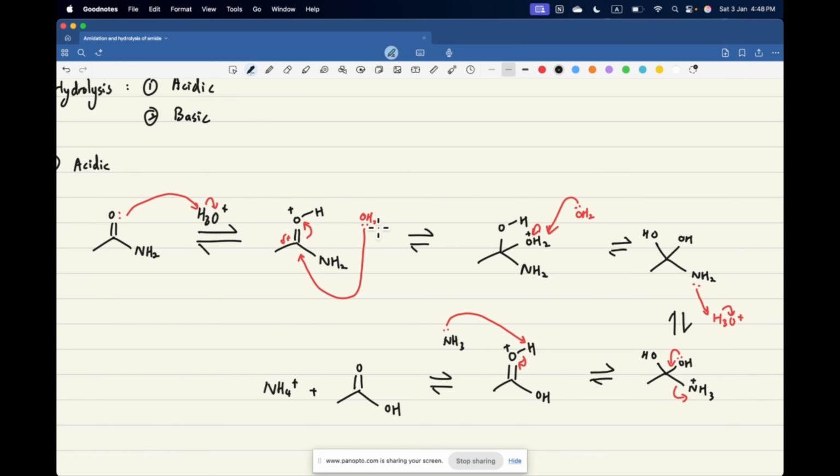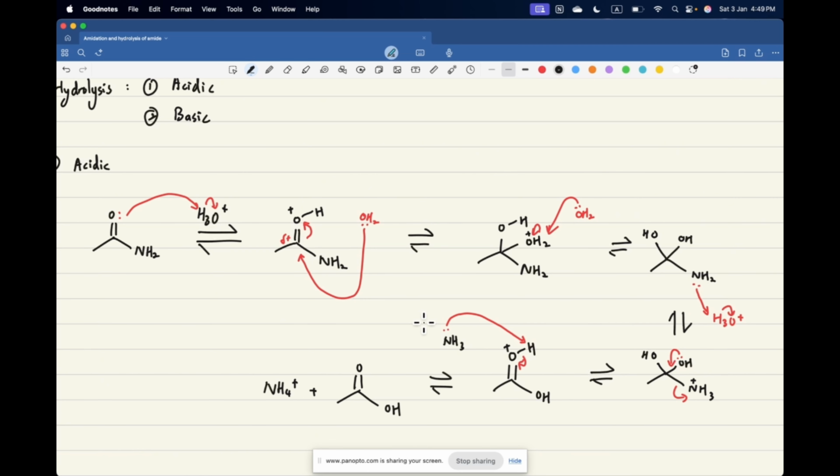Eventually these are the same because it's just the proton grabbed by the oxygen, and then this water molecule adds in, and then another water molecule comes to deprotonate the positive oxygen, forming the H3O plus hydroxonium ion, and this hydroxonium ion is going to protonate the nitrogen to form this structure. So in the entire reaction, we only have one water molecule added, and the acid added is just used to drive the reaction forward.